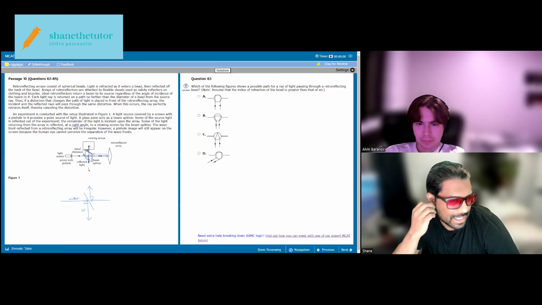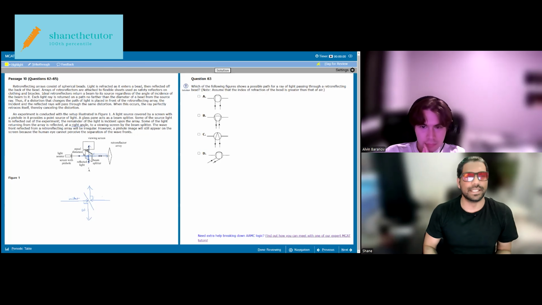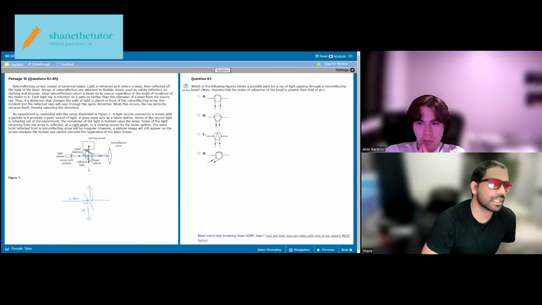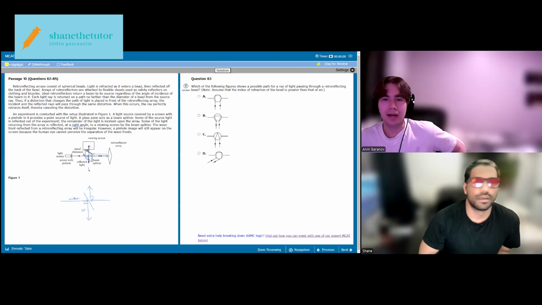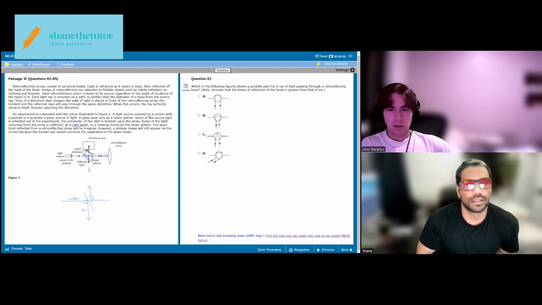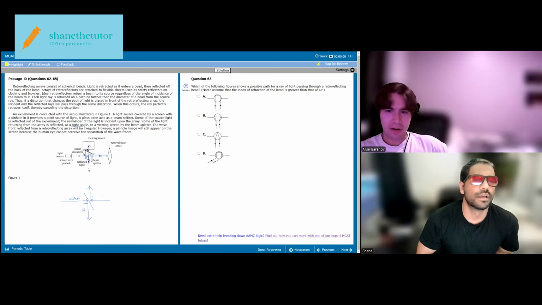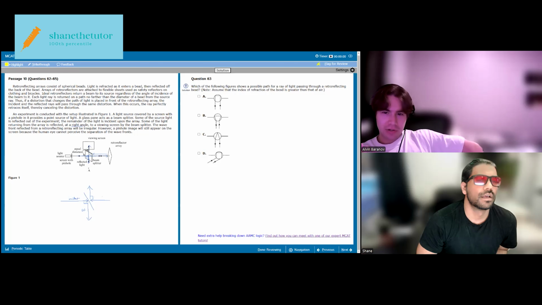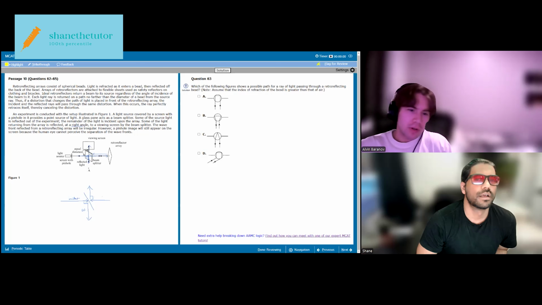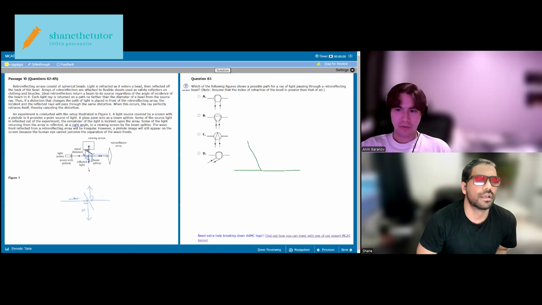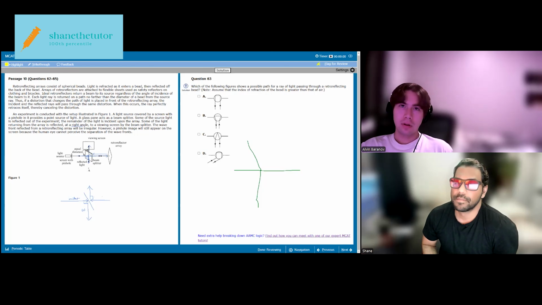So I guess they did mention beads, spherical beads. Interesting. So I got this one right, but I don't know. The answer is C. I just felt like when we draw any surface, light is coming in, and the index of refraction of the bead is greater, so going from low to high, the angle is going to be bending towards the normal.